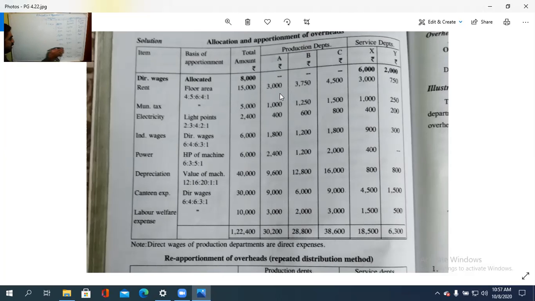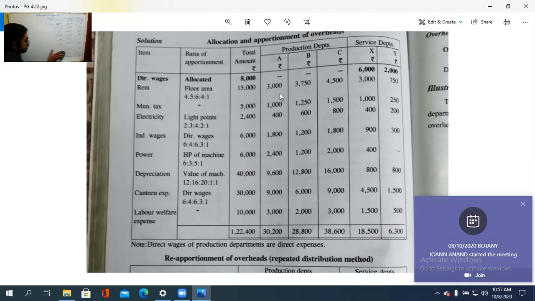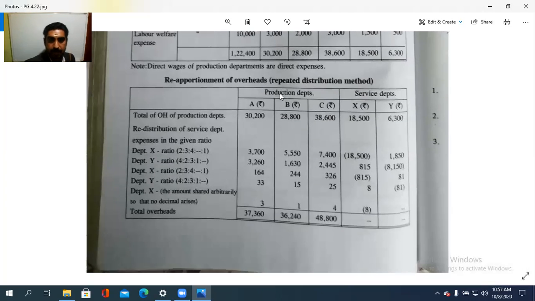So reapportionment summary of production departments, or reapportionment of overheads.